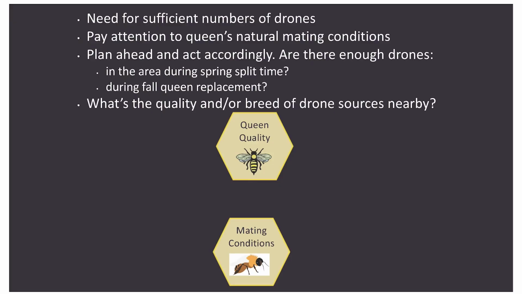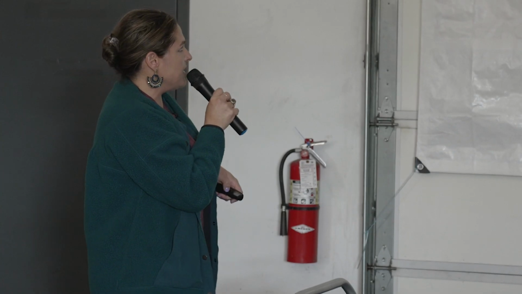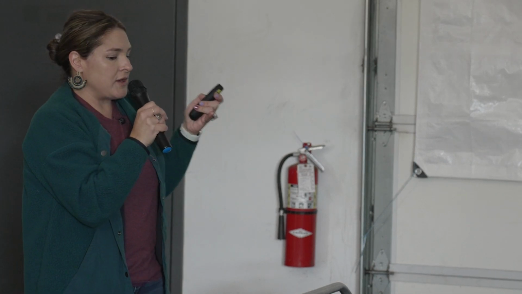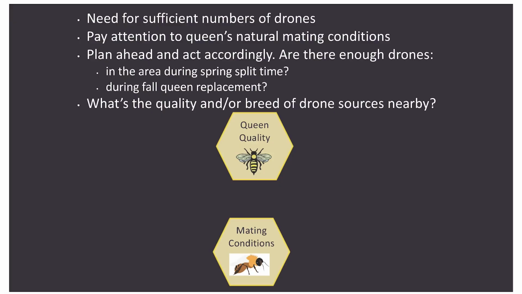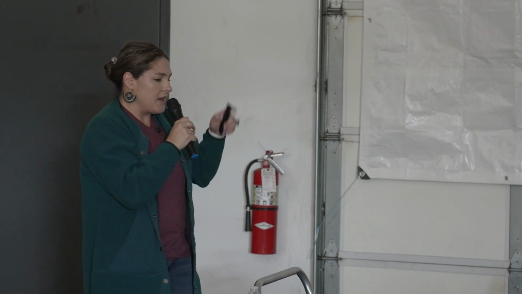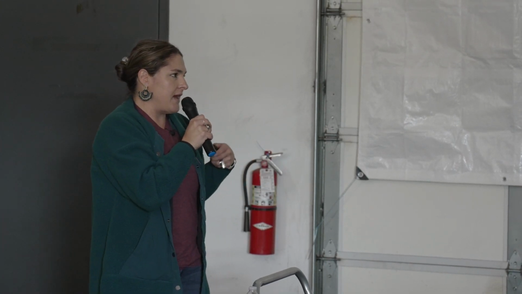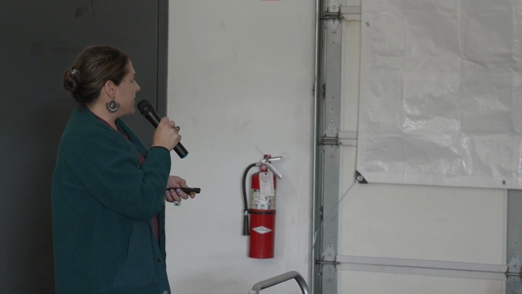And of course, we know that the queen doesn't mate with her own drones, but if you're in the vicinity, your neighbors' colonies are probably experiencing very similar environmental factors, and so their colonies should hopefully also have the same kind of developmental time for drones to be ready. So do you have enough drones during the split time in the spring and during fall requeening replacement? Because if you don't, then the queen doesn't mate with enough drones, which will kind of help the supersedure or queen replacement process.